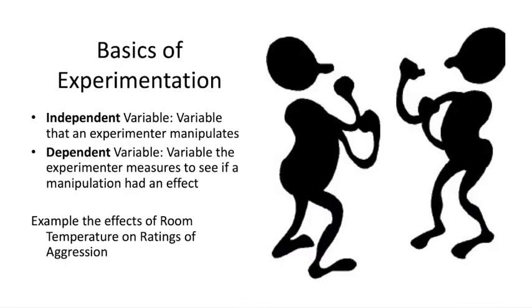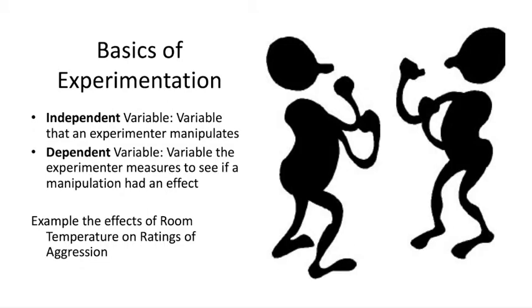And then there's the holy grail of all research methodology, of all designs, which is experimentation. In true experiments, as is always the case, there is what we call an independent variable and a dependent variable.